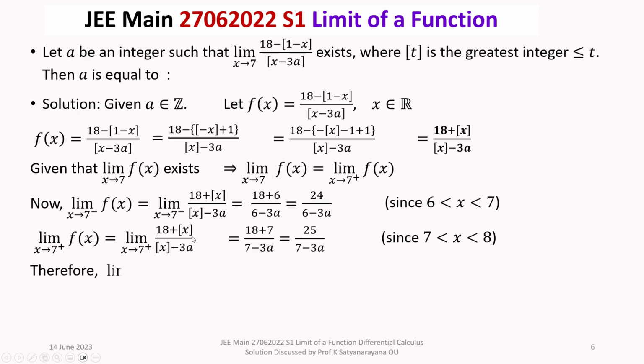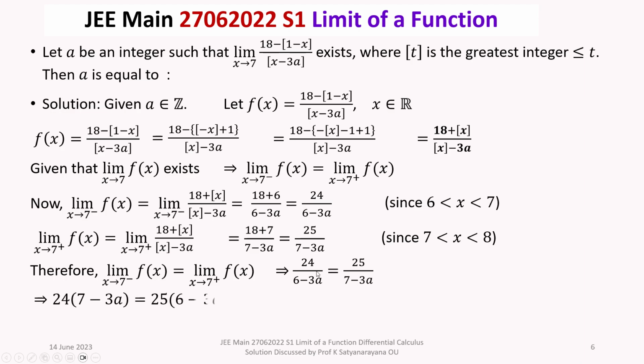Now it is given that both the left hand limit and right hand limit exist and they are equal. So equating these two, we get 24 by 6 minus 3a is equal to 25 by 7 minus 3a, and we want to find the value of this integer a. Therefore, cross multiplying, we get 24 times 7 minus 3a is equal to 25 times 6 minus 3a.